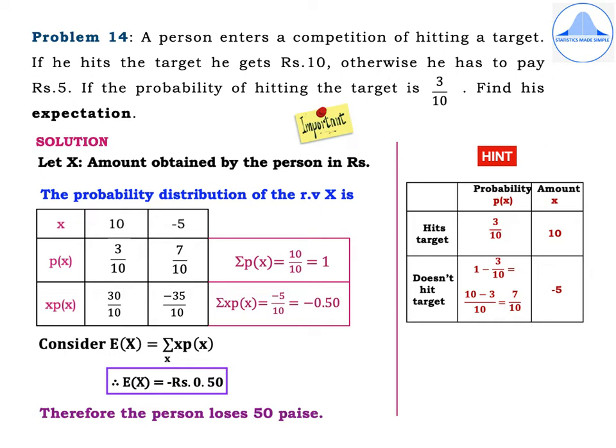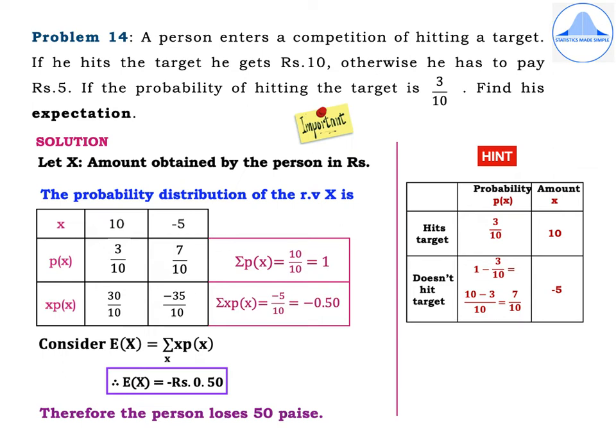So in the table, the first row x will have 10 and minus 5, and the corresponding P(x) values will be 3 by 10 and 7 by 10, which gives summation P(x) equal to 10 by 10 equal to 1. Then calculate x P(x), which is 30 by 10 and minus 35 by 10, which gives summation x P(x) equal to minus 5 by 10 or minus 0.50.